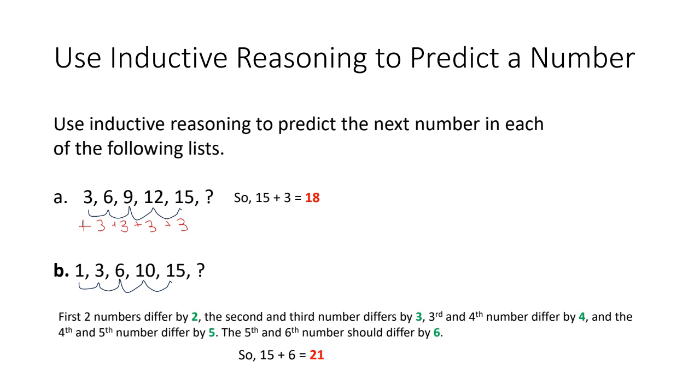So you're adding one more than the previous time. To get from 10 to 15, you add 5. This means that to find the next number on the list, you need to add 6. So 15 plus 6 is 21. Again, this is inductive reasoning because you're identifying a pattern by looking at the numbers already given. By looking at those specific numbers, you realize they're adding one more every time.